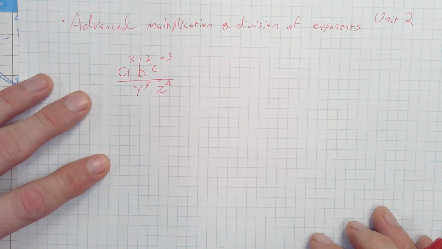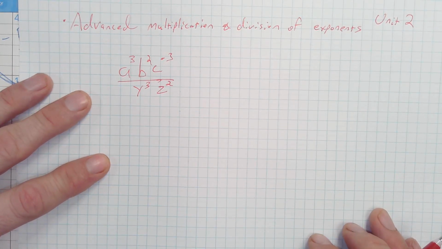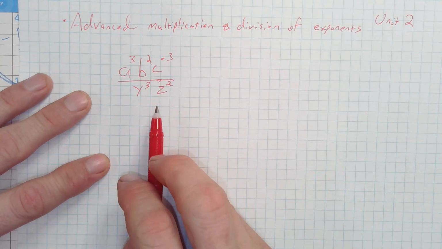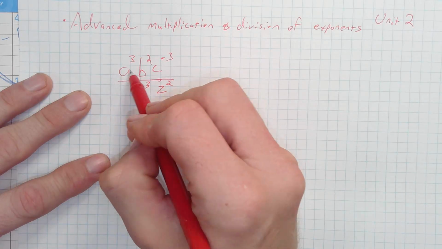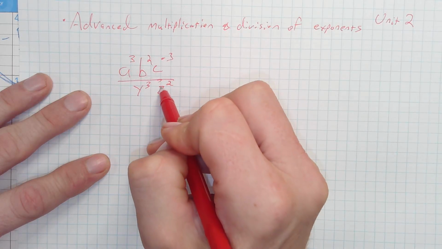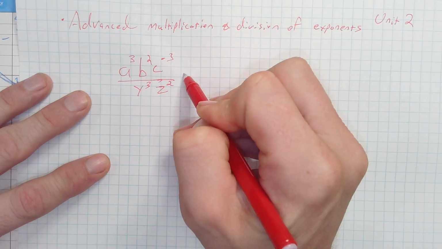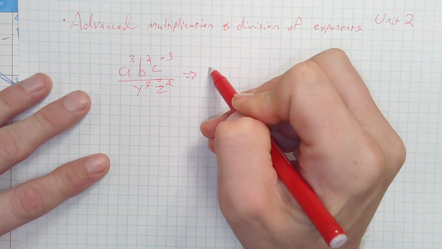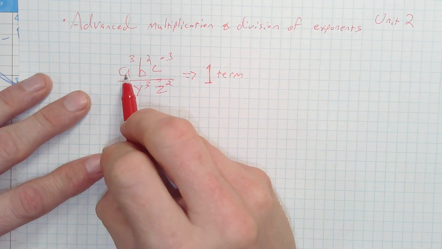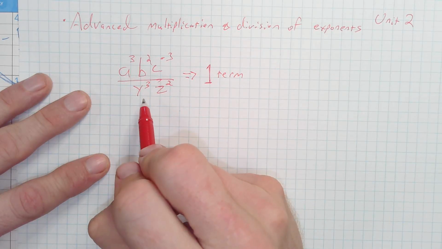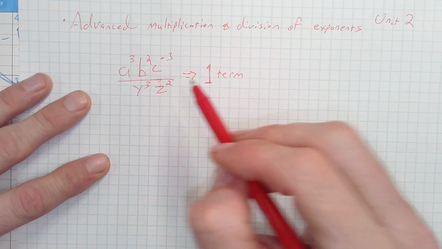And my question is how many terms are in this expression? Well, there are no plus signs or negative signs separating any of these variables, so this contains really just one term. There are many variables in this term, but there's just one term.